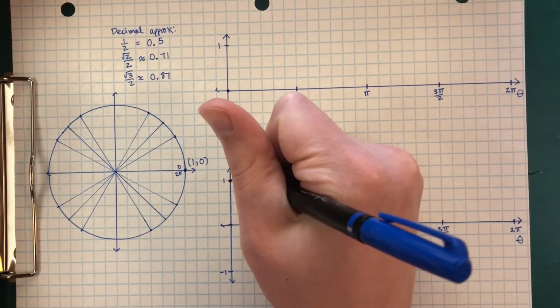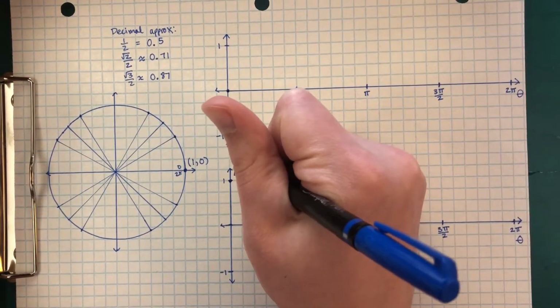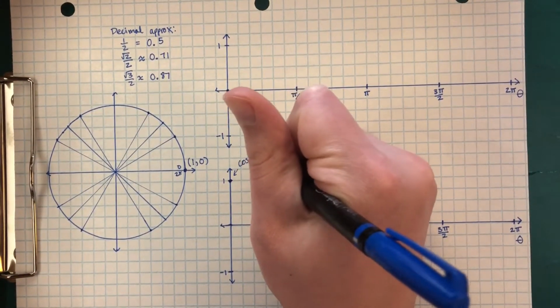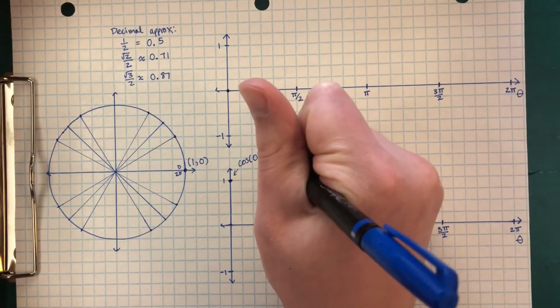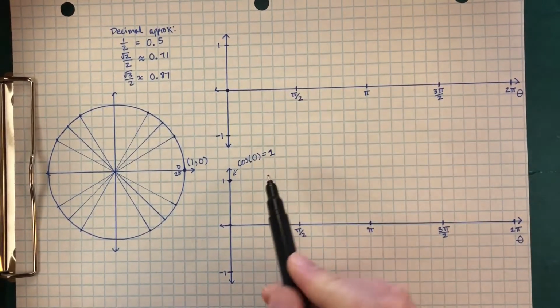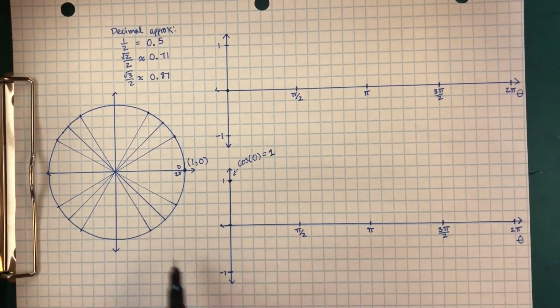So I'm just going to label this point cosine of 0 equals 1 to help you understand a little bit what these graphs mean as we build them out.